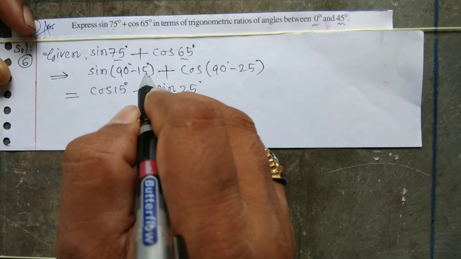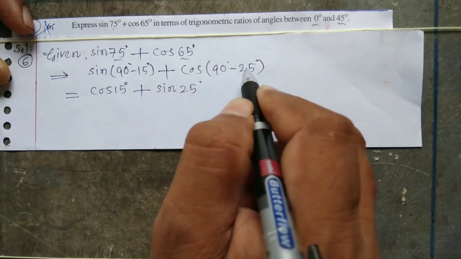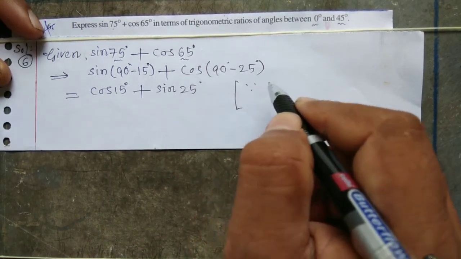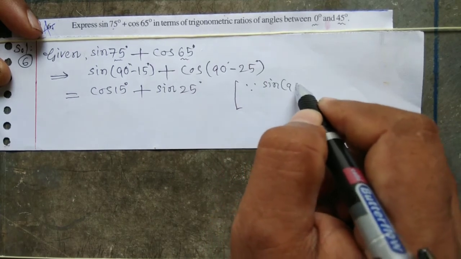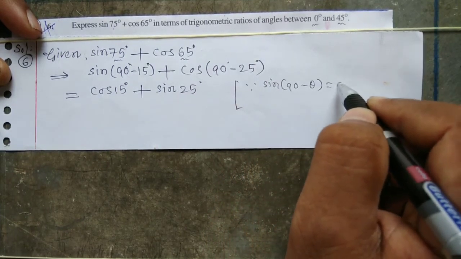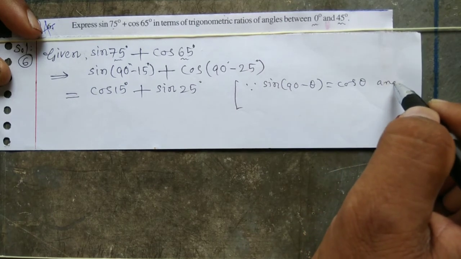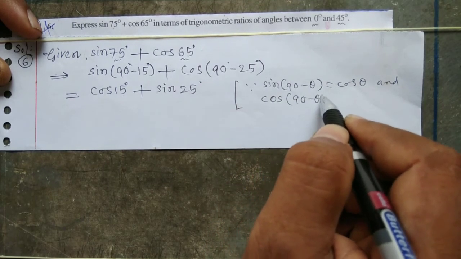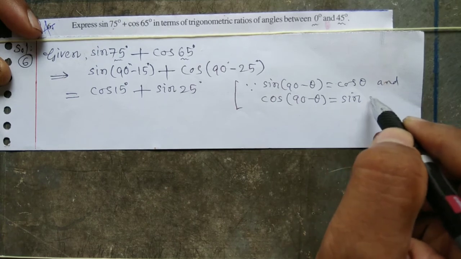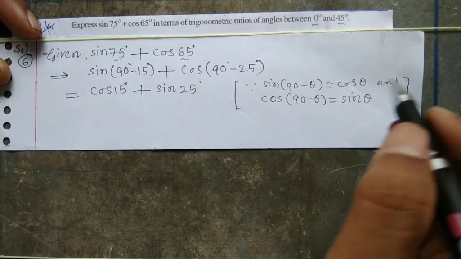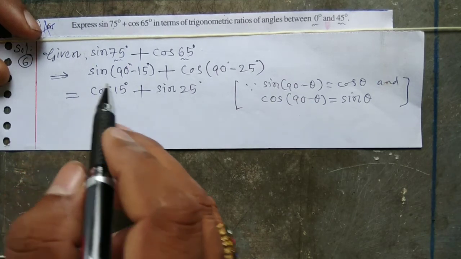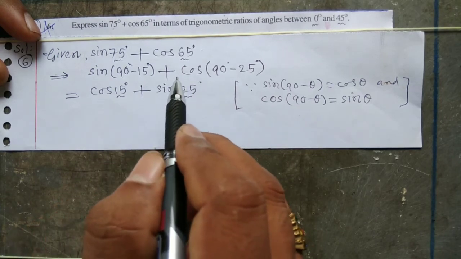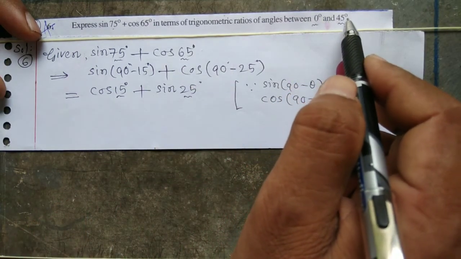Sin 90 minus 15 degree is cos 15 degree, cos 90 minus 25 degree is sin 25 degree, because sin 90 minus theta is equal to cos theta, and cos 90 minus theta is equal to sin theta. So we have shown these angles between 0 degree and 45 degree.